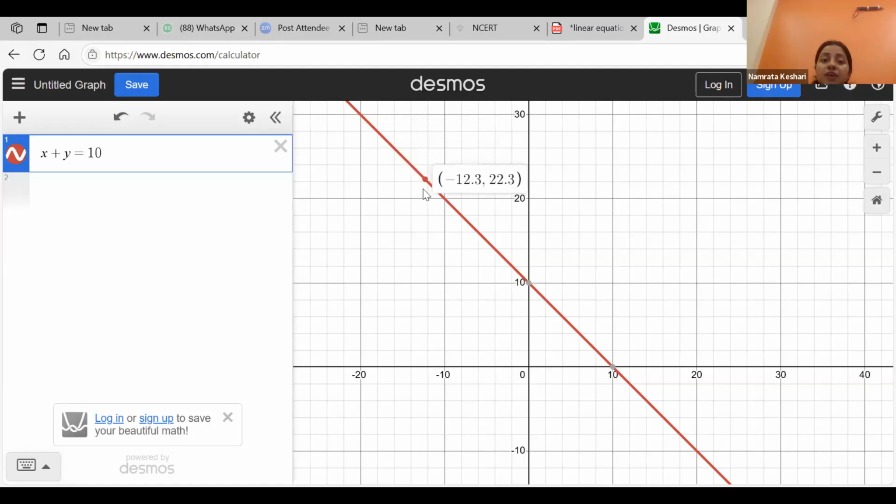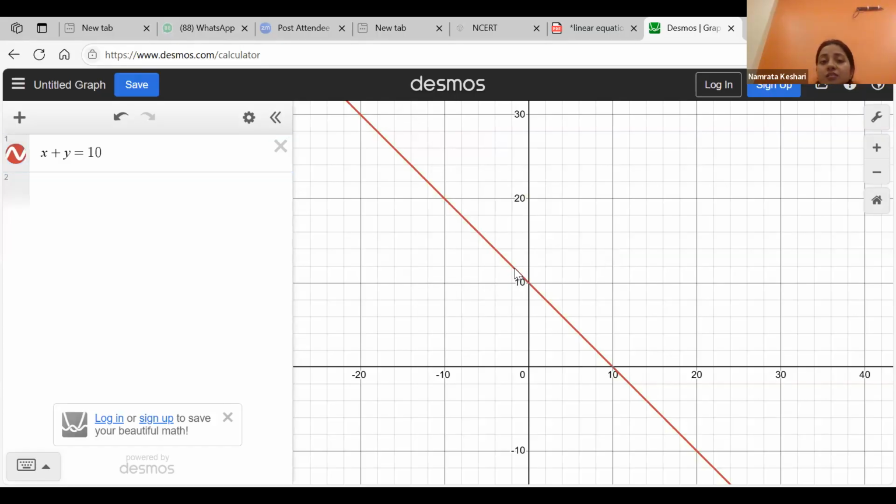These x and y values are all possible solutions, and that's why in your NCERT a bold statement is written that a linear equation in two variables has infinitely many solutions, because there are infinitely many possible x and y values.